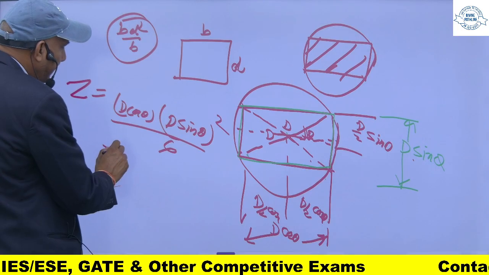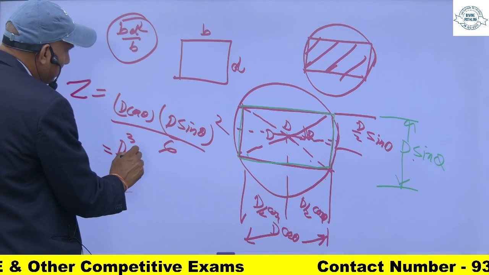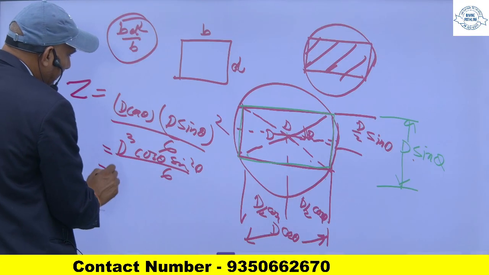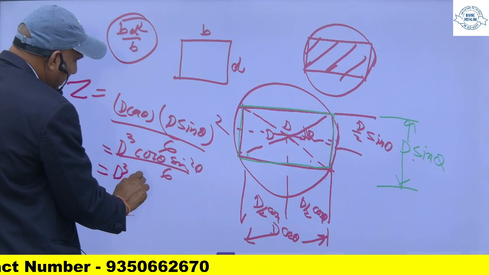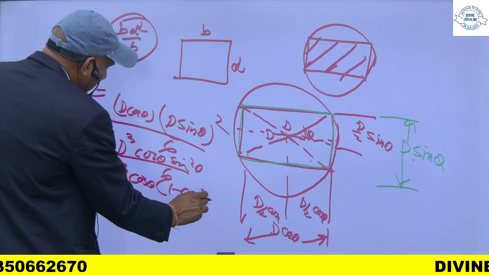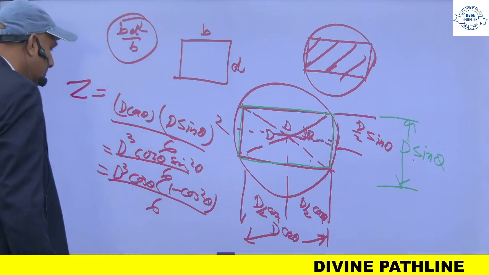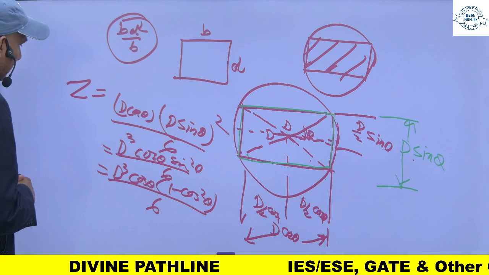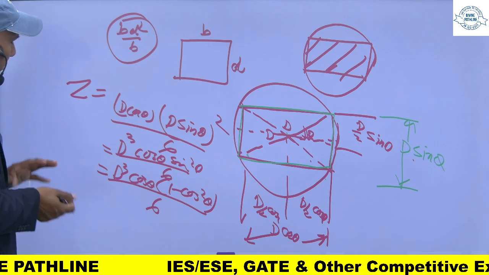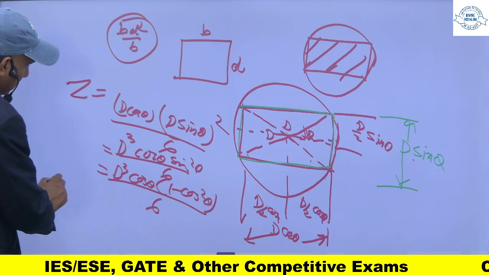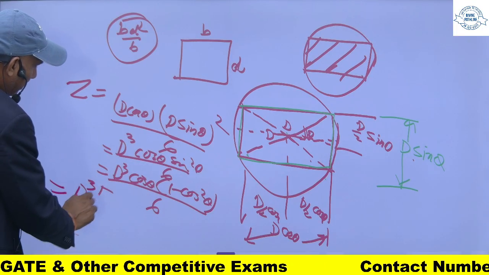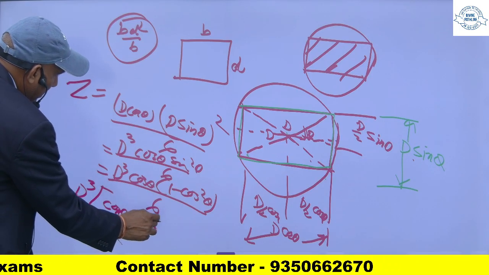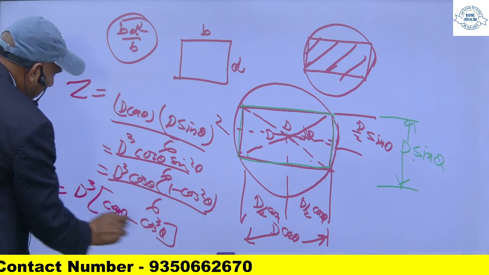So this will be D cube into cos theta into sin square theta by 6, meaning D cube into cos theta into 1 minus cos square theta upon 6, which is D cube into cos theta minus cos cube theta upon 6.